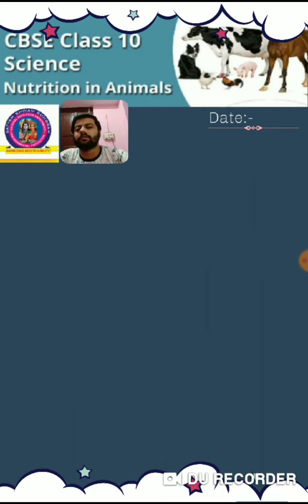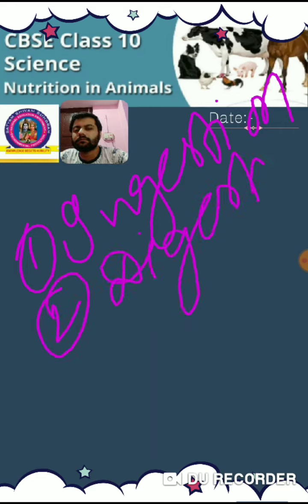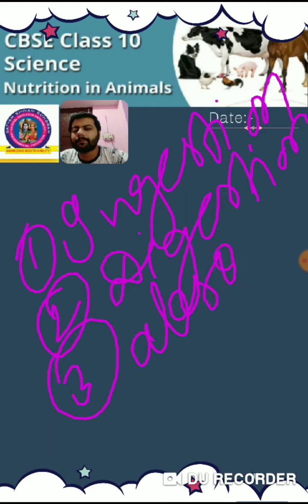So holozoic nutrition includes how many steps? 5 steps. First one, ingestion. Second one, digestion. Third one, absorption.